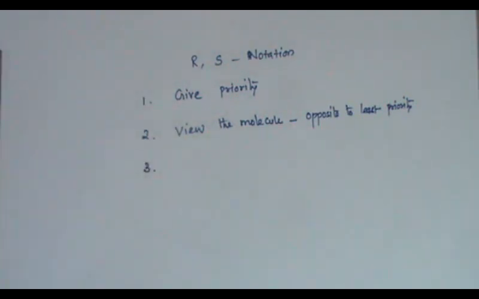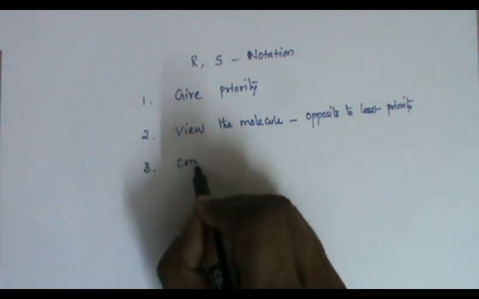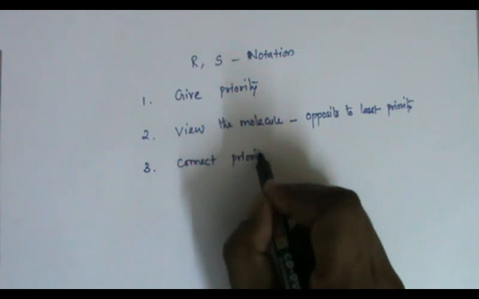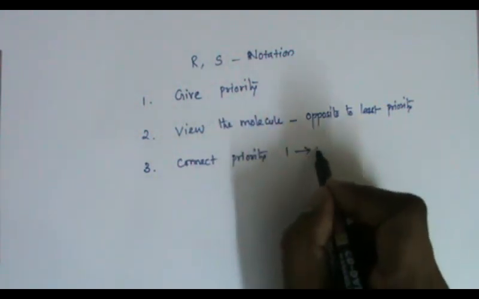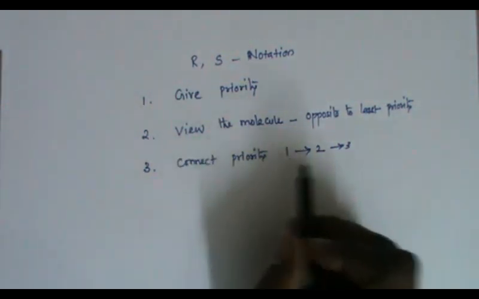Third one, connect the priorities. From that direction, connect the priorities, that is 1 to 2 to 3. The least priority you should not consider. So only 1, 2, 3.